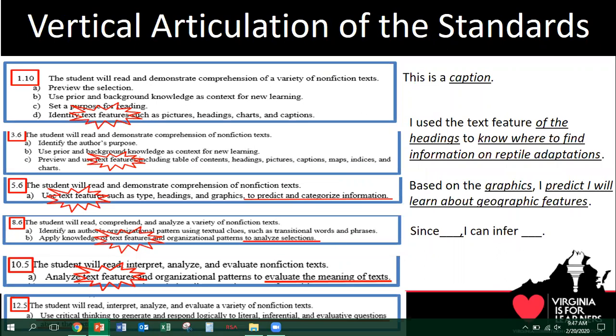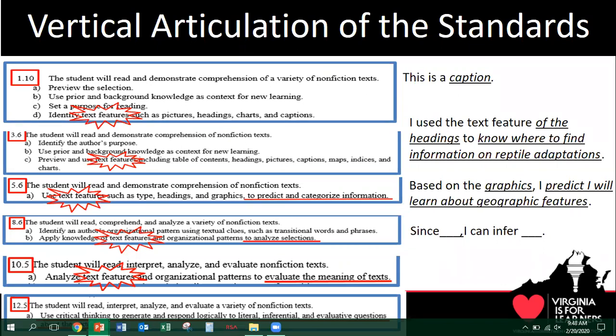So if we're thinking about these sentence frames, I'm looking at the specific SOL and unpacking it. Identify text features, such as pictures, headings, charts, and captions. What does that sound like for a first grader? It might be, this is a caption, where I'm pointing to a caption, or circling a caption, and then vocalizing, this is a caption, this is a picture.